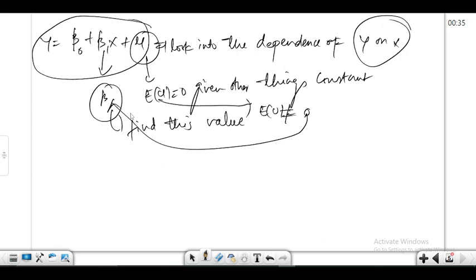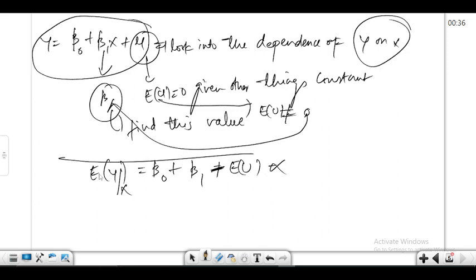If we assume that the expected value of u is 0, okay, and if I take the expected value of y given x, beta naught plus beta 1 x plus expected value of u. So okay, let me just hold on to this. We'll get back to this equation.